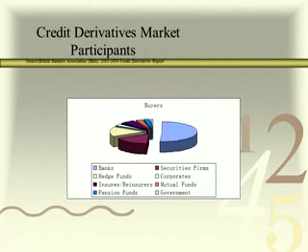This is how the different buyers of credit derivatives work. The biggest buyer of credit derivatives is banks. Now this didn't used to be the case. Banks were banks. They took in deposits. You were their number one priority. You're not anymore. That's why they have all these fees. You're almost a bother to them now.